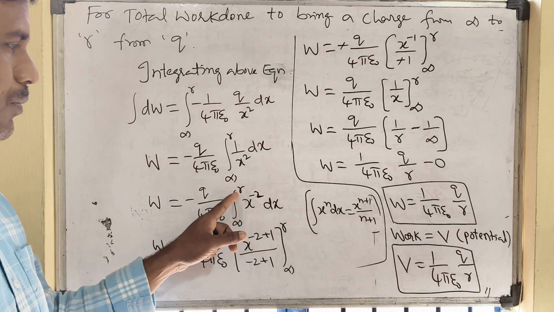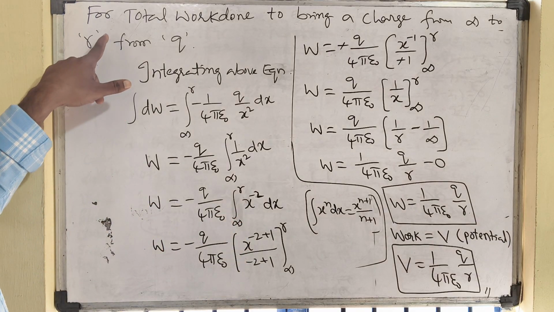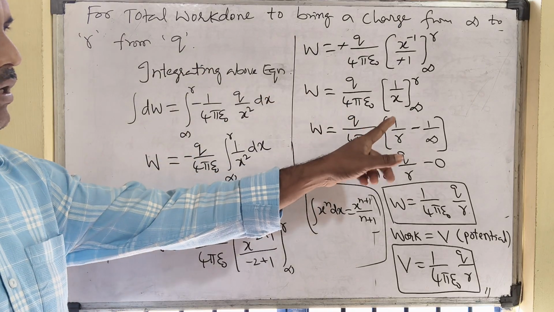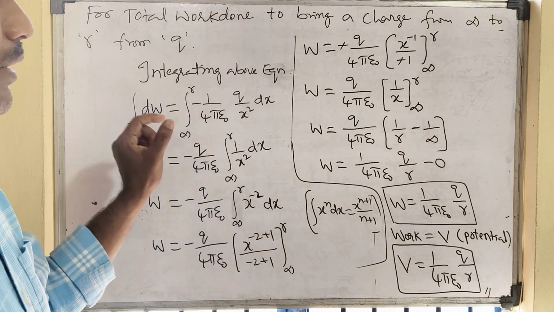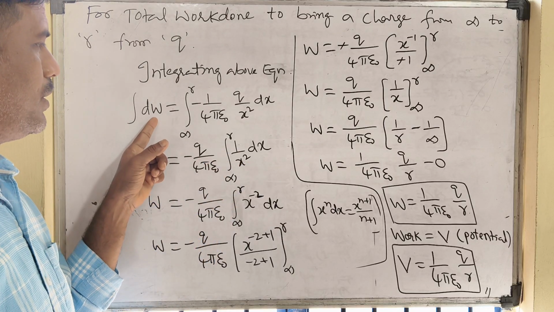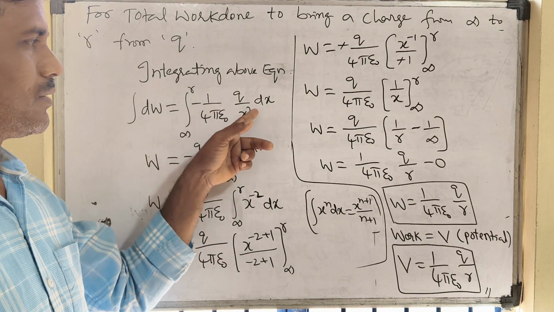Here, once again, I'll explain the integration. Listen clearly. For the total work done, a charge is being brought from infinity to point P. We already derived the small work done: dW is equal to minus 1 by 4 pi epsilon q by x square into dx.